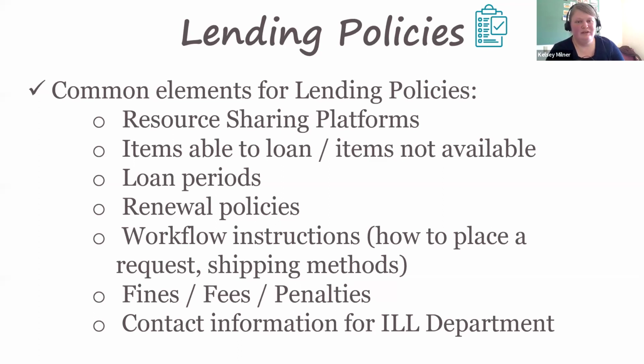And then they also usually include information on if they have lending fees, and some things on fines, like when they consider an item to be overdue and at what point they'll charge for it. I saw a huge range of times. Some libraries said 6 weeks, some said 8, some said 12. That's again something that you determine based on your library's needs. And then a lot of policies also typically have contact information specifically for the ILL department.